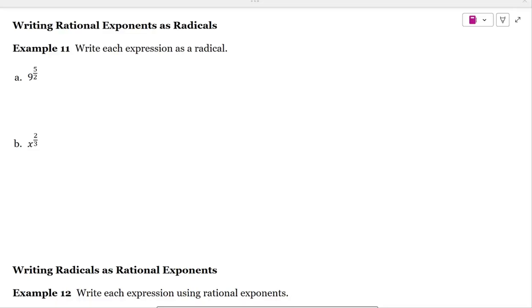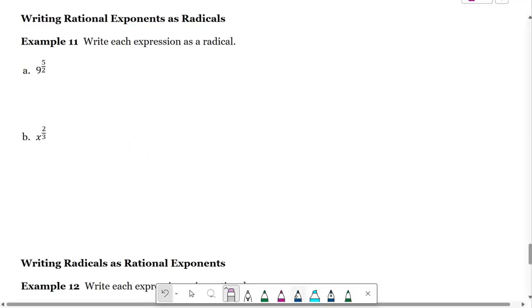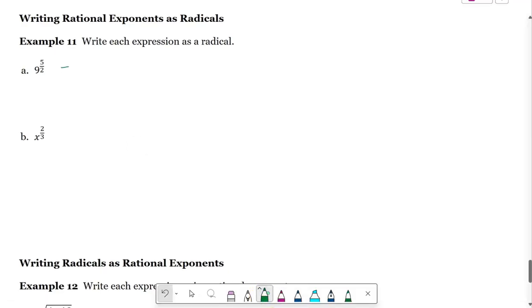When you're working with rational exponents, the number that's in the denominator is the index of the radical symbol, and the number that's in the numerator ends up staying as an exponent. We have a couple of options here for number 11, for A. We can write this as 9 to the 5th power, and then the index of 2 means it's a square root.